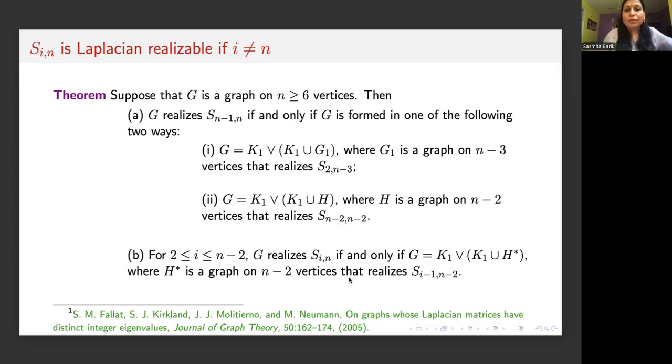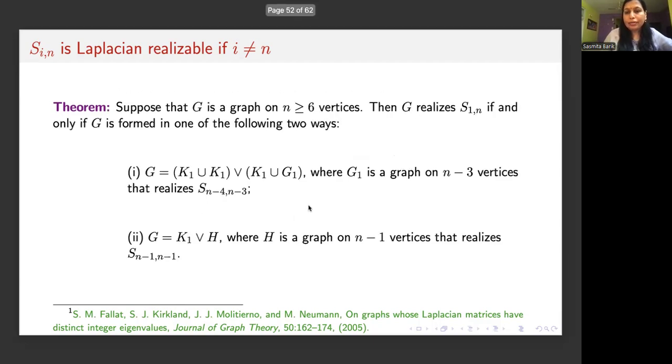So these two results, if you see, one way of construction is this, where in this case 2 is missing, and in this case i minus 1 is missing if you are going for a construction for Sin. But the second part is saying that you need one graph with n minus 2 vertices realizing this spectrum, that means the n minus 2 eigenvalue is missing.